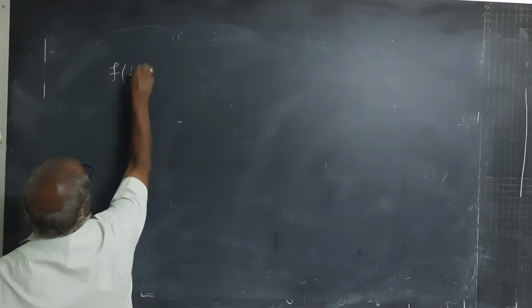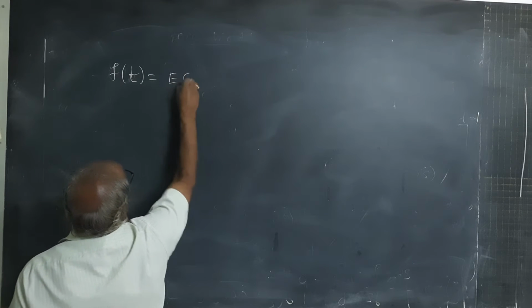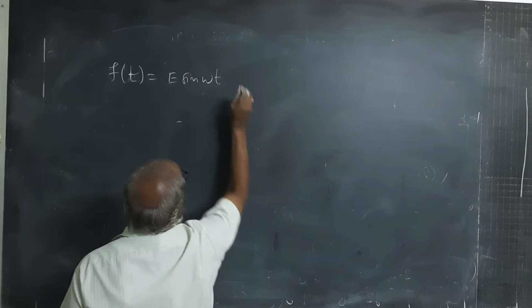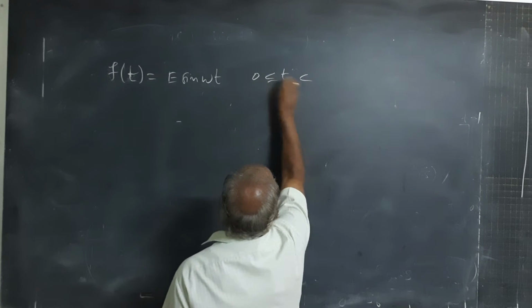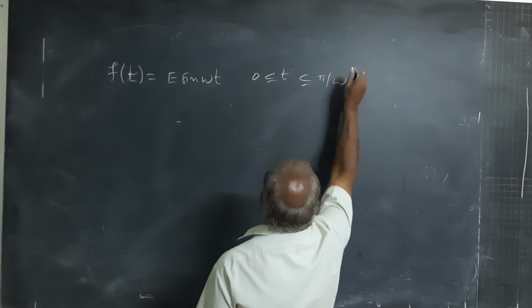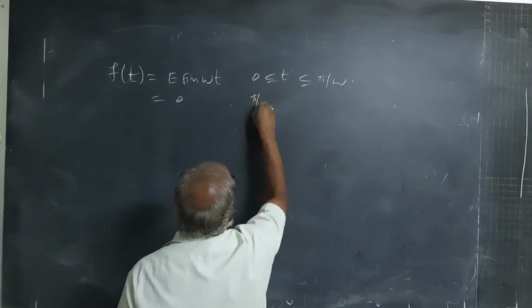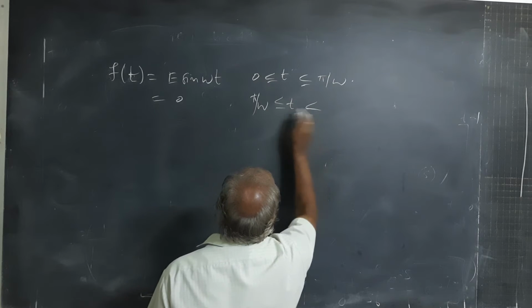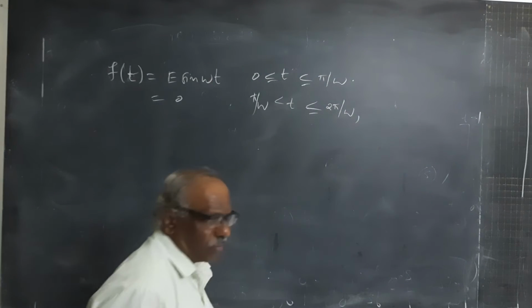Suppose it is given that f of t is equal to e into sine omega t in the interval 0 less than or equal to t less than or equal to pi by omega. It is equal to 0 in the interval pi by omega less than or equal to t less than or equal to 2 pi by omega.